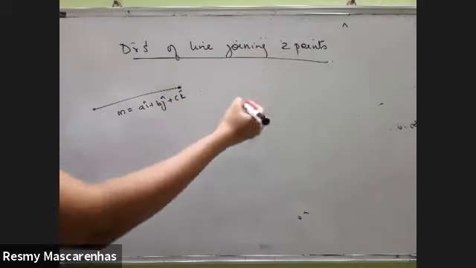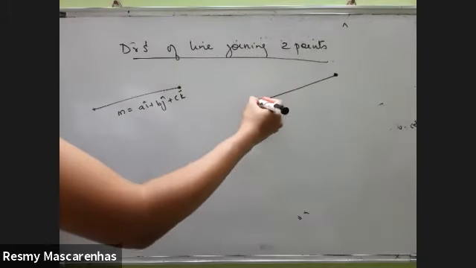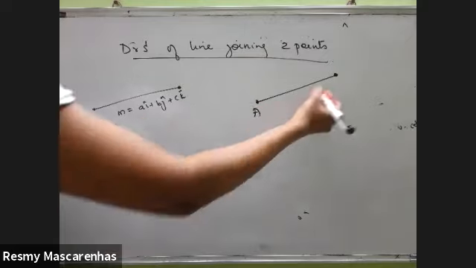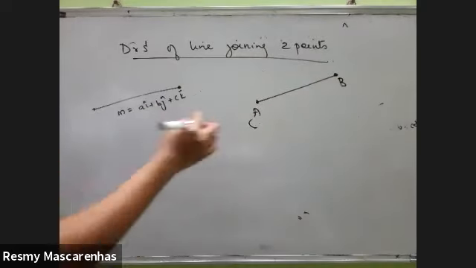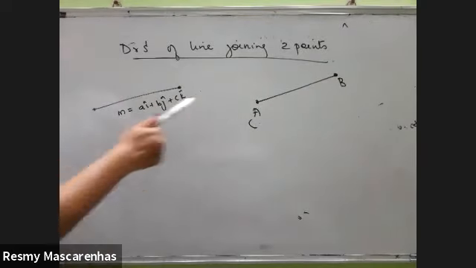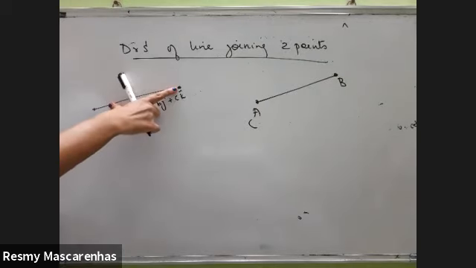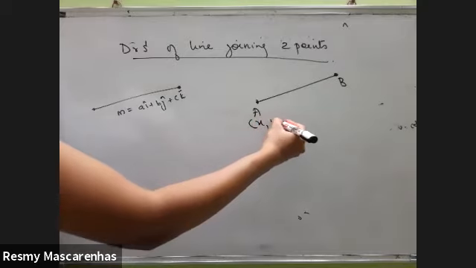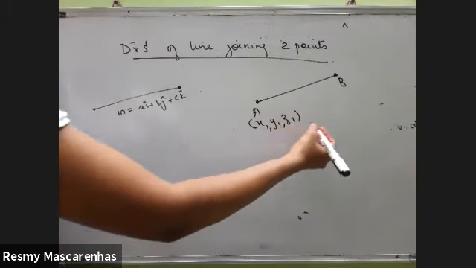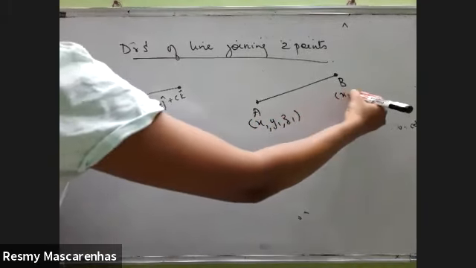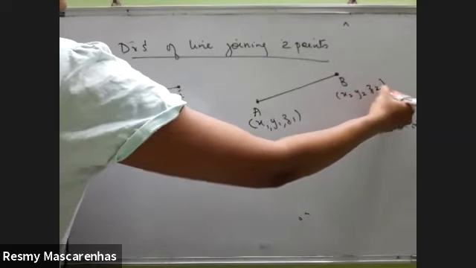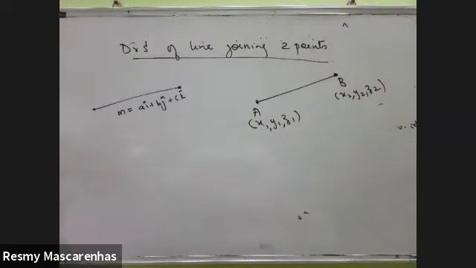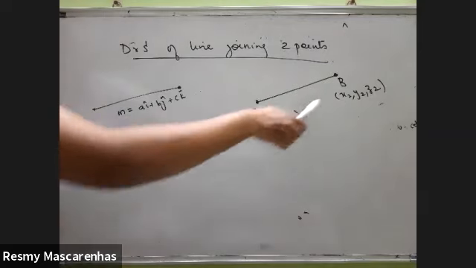But now you have a line where the vector is not given; instead coordinates, points, are given. Please understand there's a difference between a point and a vector. Suppose these are x1, y1, z1 and x2, y2, z2. It is given in the coordinate form, point form, not in the vector form.